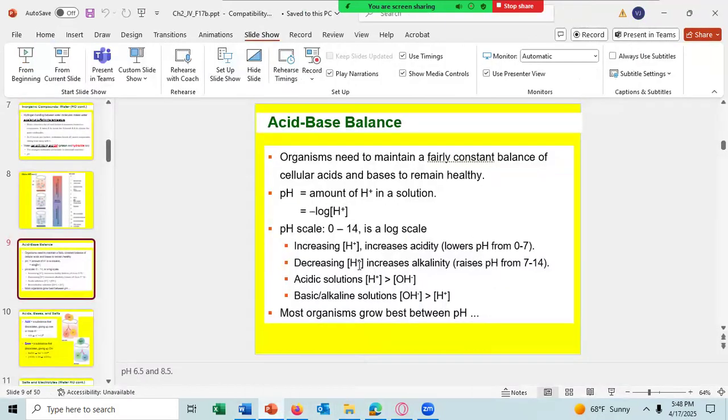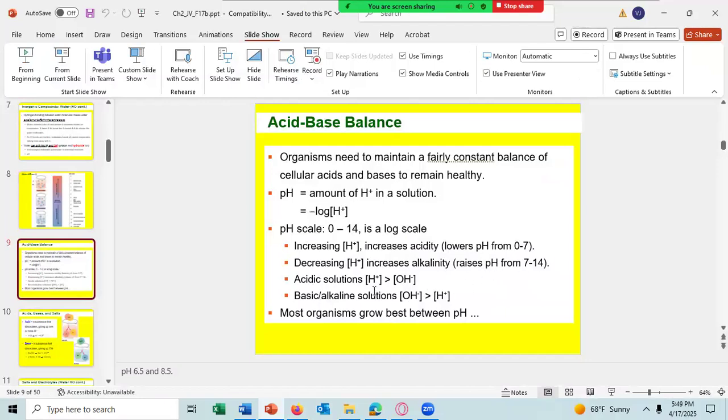So increasing H plus, increasing the acidity, lowers the pH from pH 7. You can go down as far as pH 0. Decreasing the H plus ion concentration increases the alkalinity, raising the pH from pH 7 going up to pH 14. And like I said, I don't know why it stops at 14.